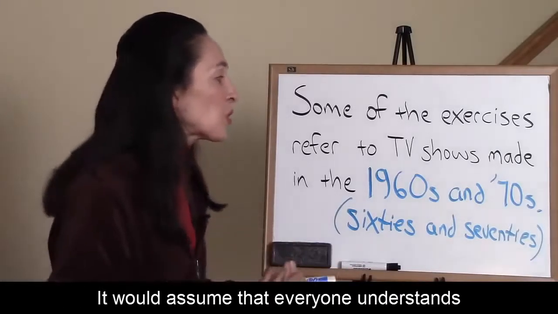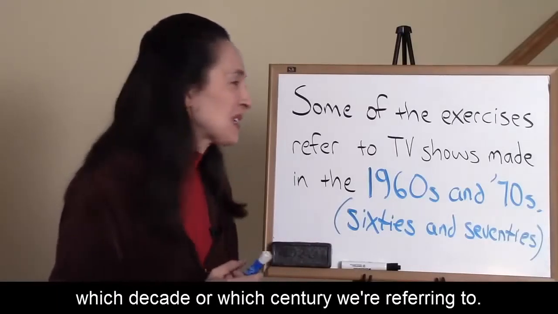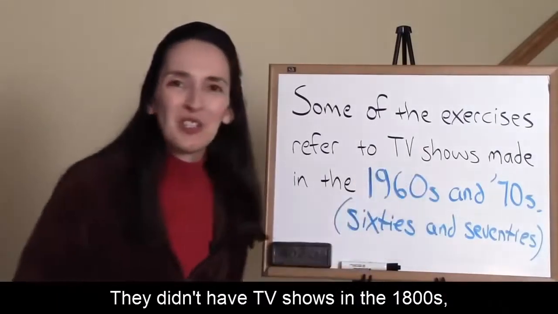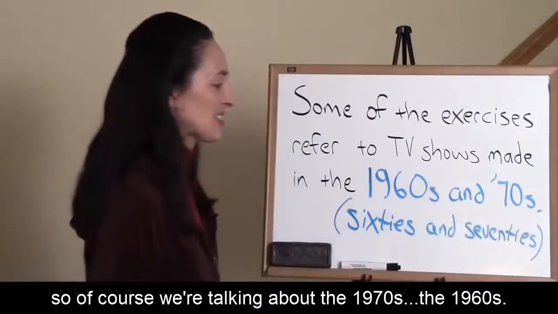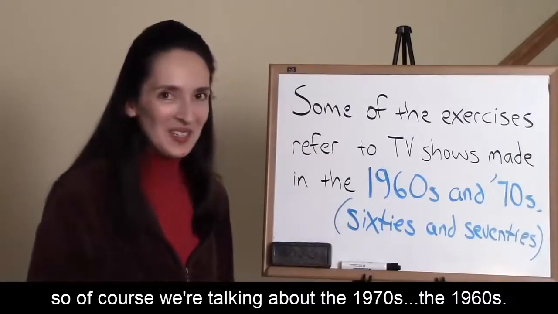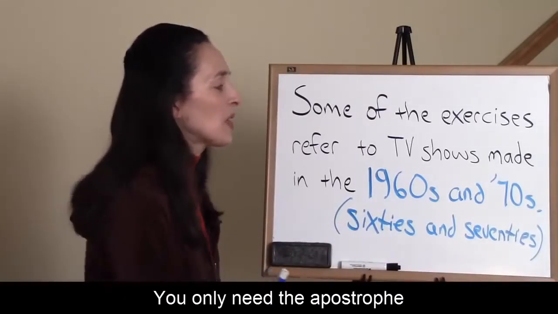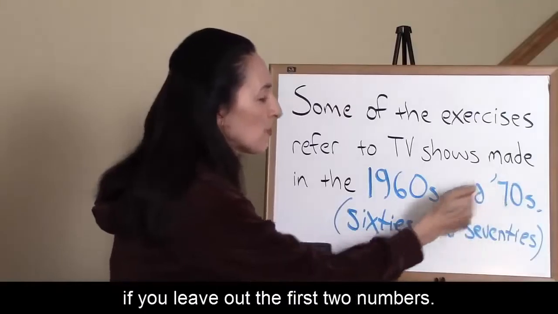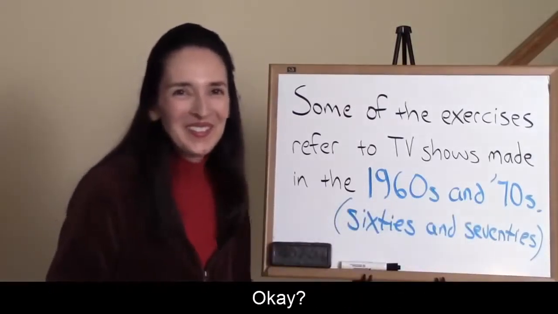It would assume that everyone understands which decade or which century we're referring to. They didn't have TV shows in the 1800s, so of course we're talking about the 1970s, the 1960s. So you could write out the words, you could use numbers. You only need the apostrophe if you leave out the first two numbers. Okay?